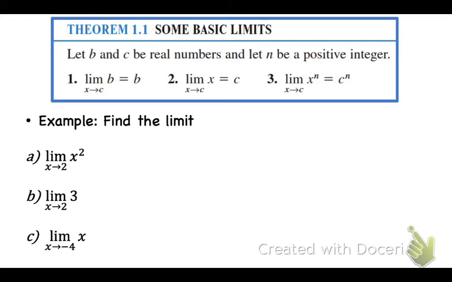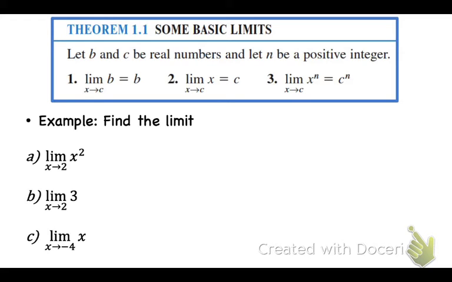Now we have the limit of x as x approaches c. Well, it's just c. And then lastly, we have the limit of x to the n as x approaches c. Well, we have c to the n. What am I doing? I'm substituting the constant into the x, correct?